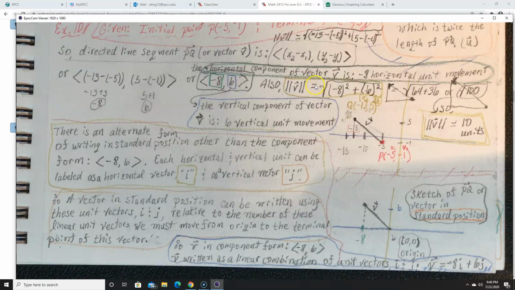Now, it's very useful in mathematics, especially when we get to calculus 3, and we want to start talking about functions and forces in 3 dimensions versus only 2.